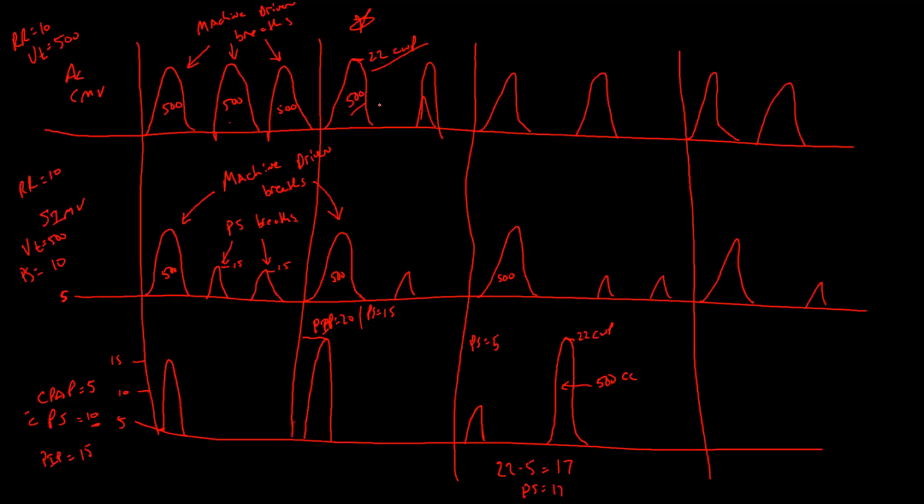Well, peak out is the same as peak inspiratory pressure. That's where I get all confused. So all these things mean the same? Yeah, so peak pressure and peak inspiratory pressure are the same thing.